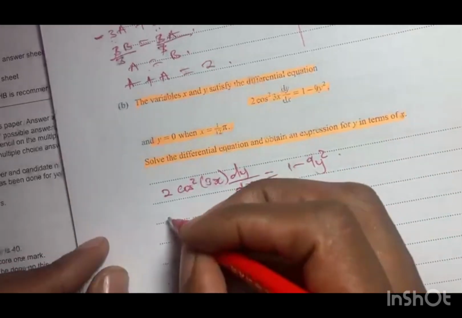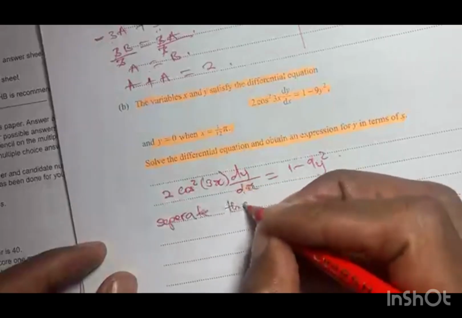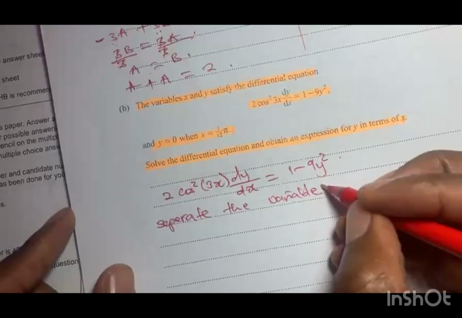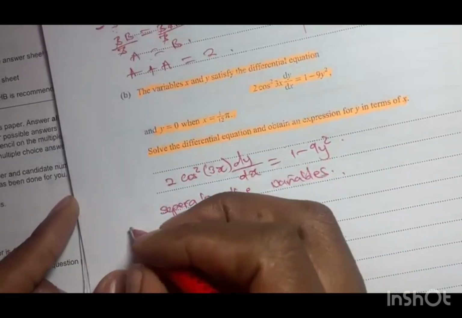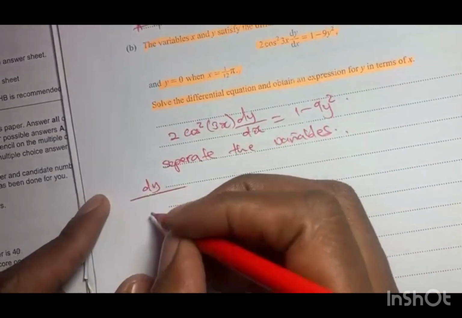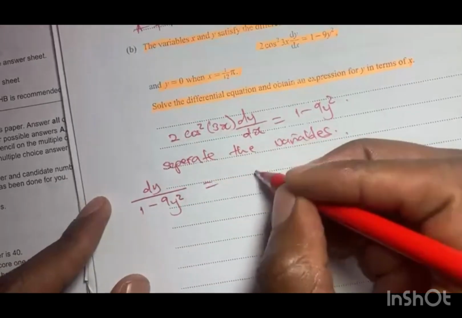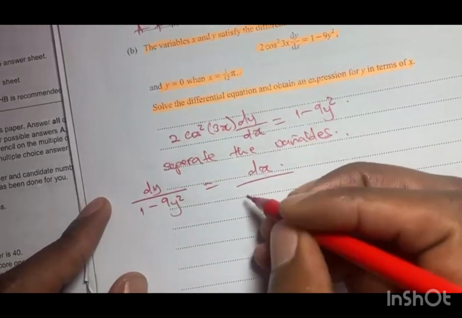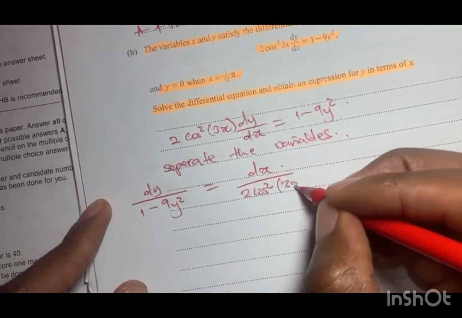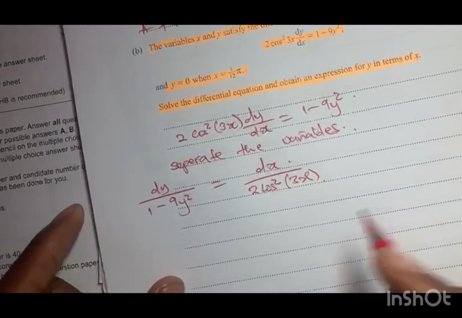So to separate the variables, I'm going to have dy over 1 minus 9y squared is equivalent to dx over 2 cos squared 3x. Okay, so what I need to do is to integrate both sides.